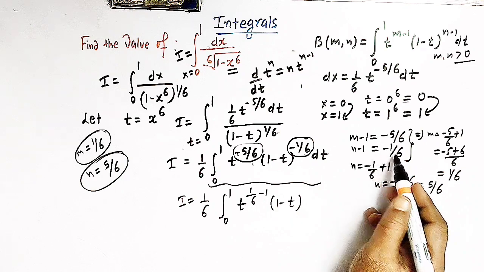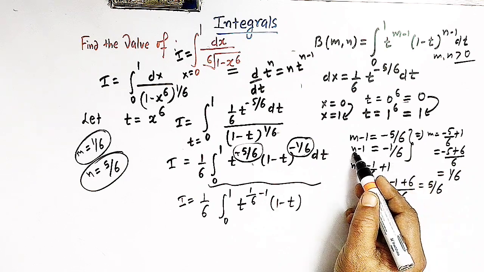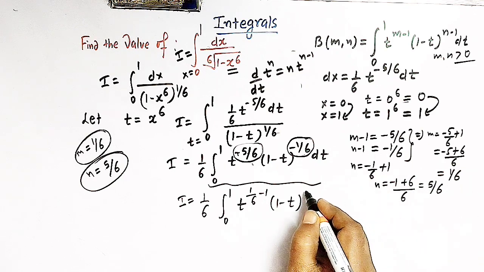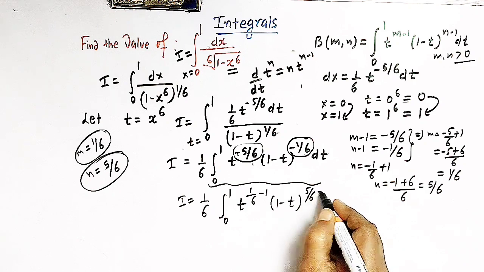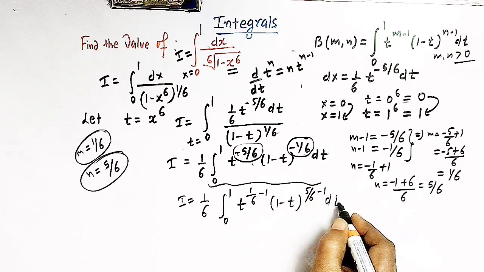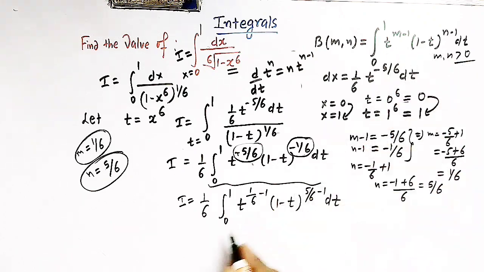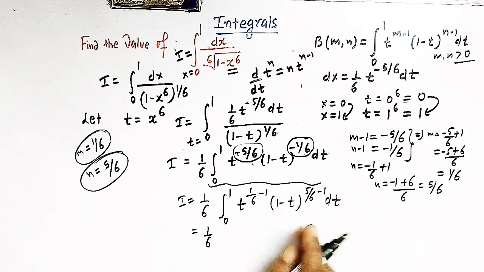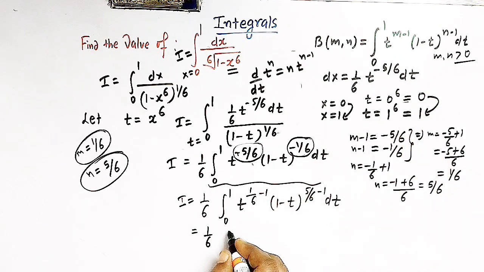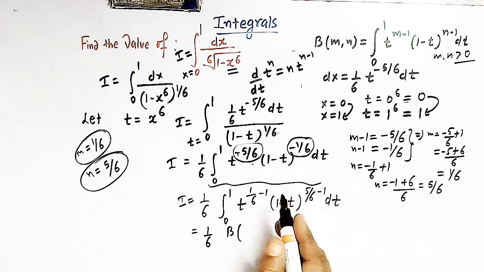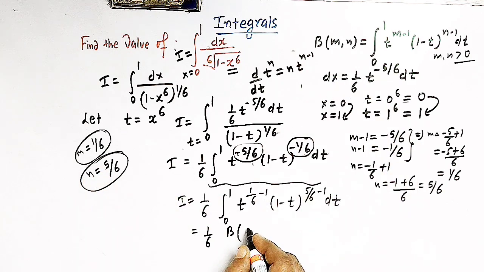So minus 1 over 6 can be written as n minus 1, where n is 5 over 6, minus 1, and dt. Now this integral is exactly similar to the beta function, so we can replace this integral by beta m comma n, where m is 1 over 6 and n is 5 over 6.